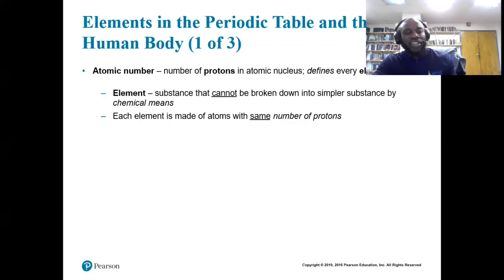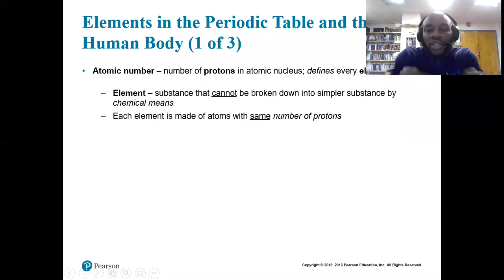They add to it every now and then when they discover something new, but for the most part, it's been pretty standard for a long period of time. Oxygen has been oxygen for as long as we've known. That's not going to change too much.